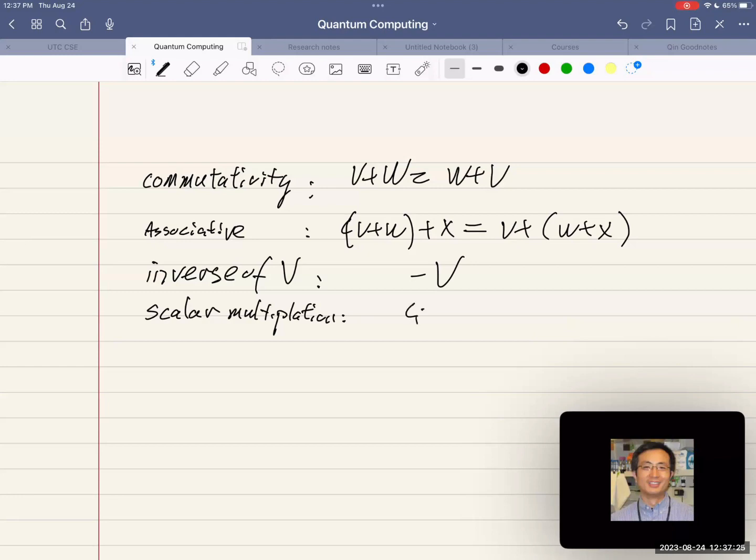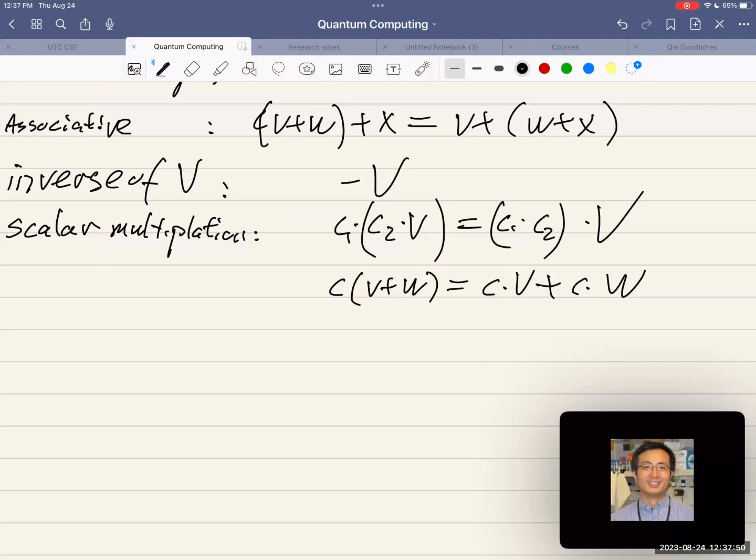C1, C2, v. There's actually another way, C1 plus C2.